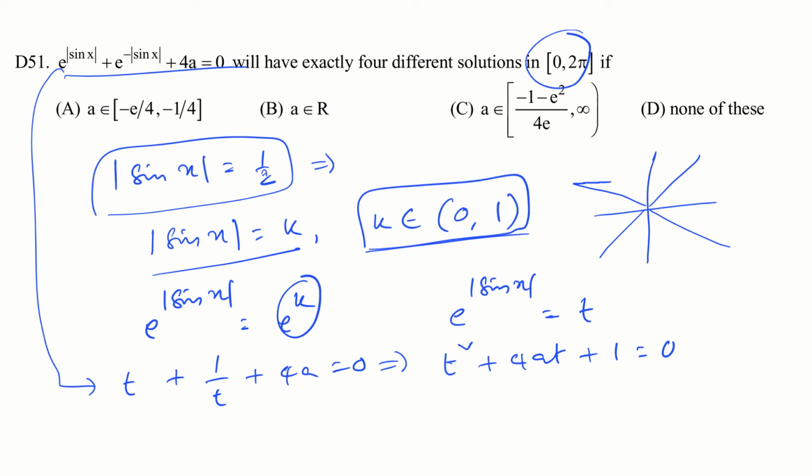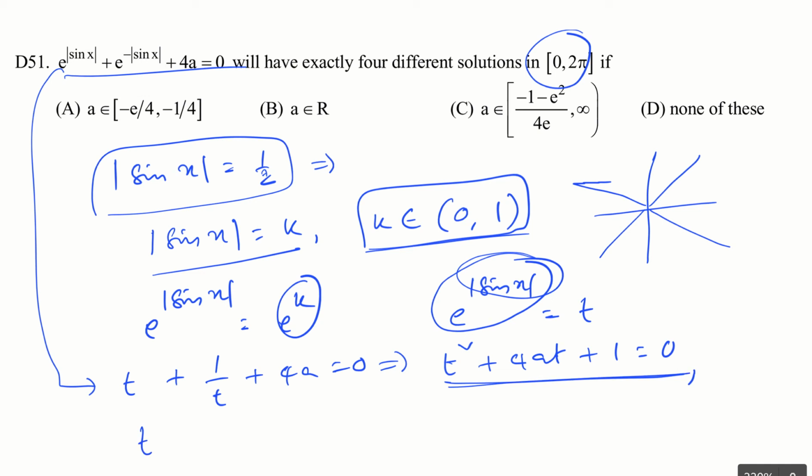So I want you to observe that this mod sin x, we know the range is 0 to 1. Mod sin x values lie between 0 and 1 means e power mod sin x will lie between 1 and e. So in this equation, t lies between 1 and e.